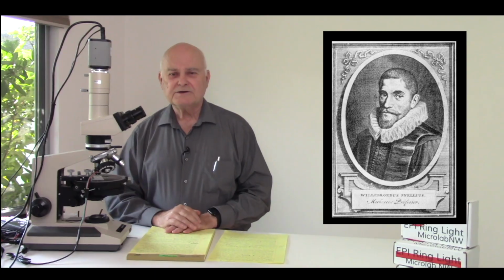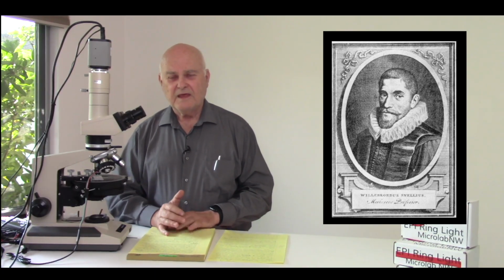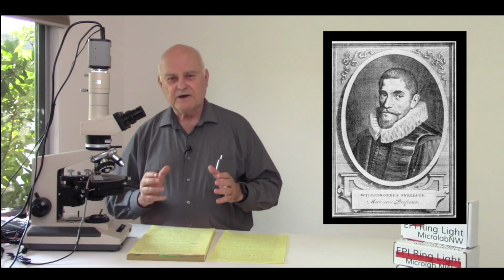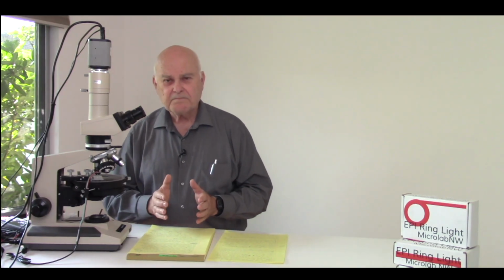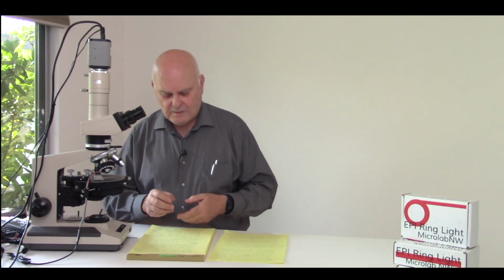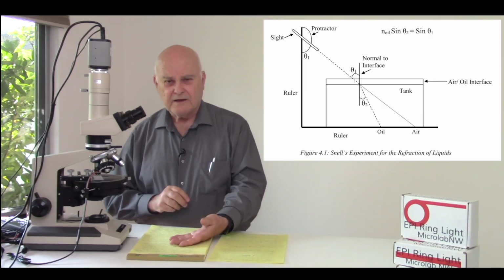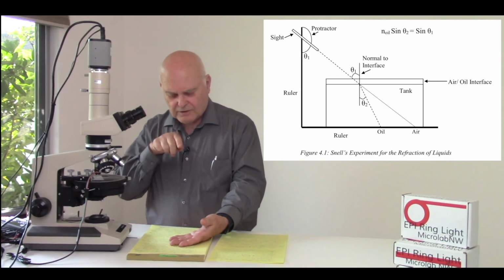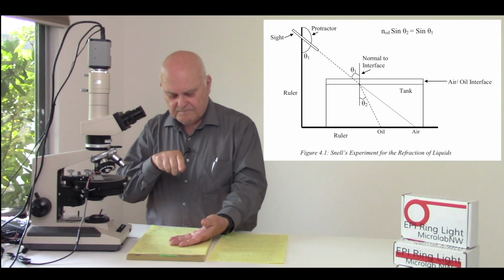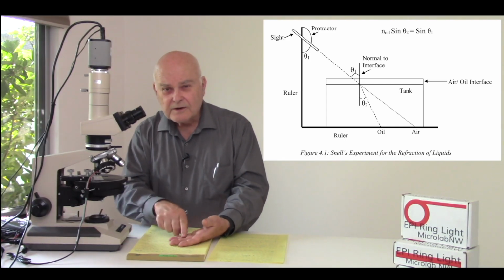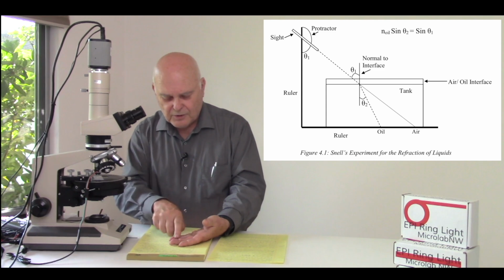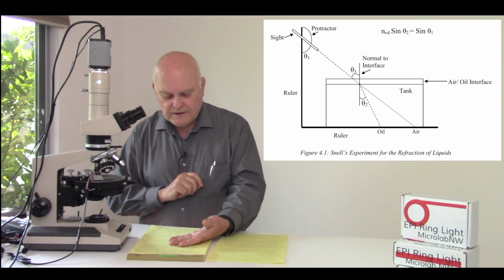Prior to Huygens, an individual called Wilfred Snell discovered that if you had a tank and put a ruler at the bottom of the tank and looked through a sight, you could pick out a particular distance, a particular location that you were looking at.